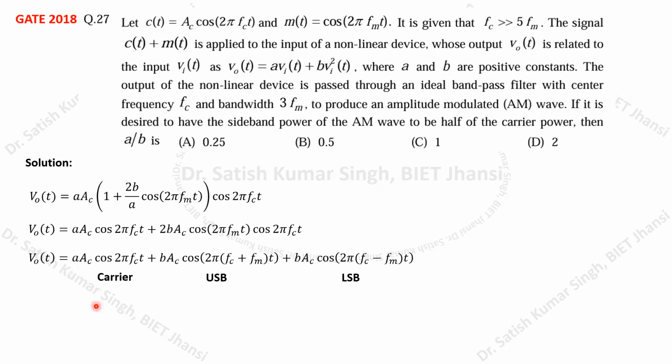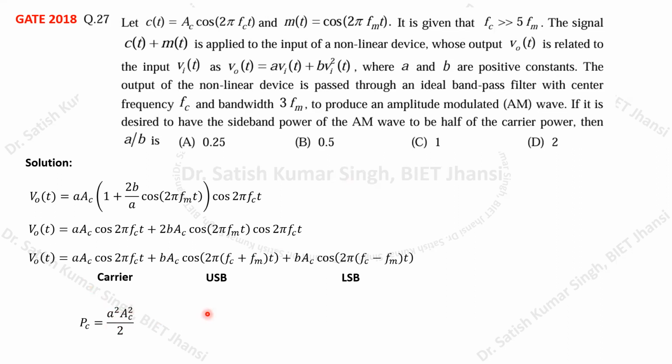You must be aware that if we have any signal with amplitude A, like A cos 2 pi fmt, then its power will be A square by 2. The same fact we can use here to calculate the power of the carrier. Here its amplitude is A Ac, so it will become A square Ac square by 2.